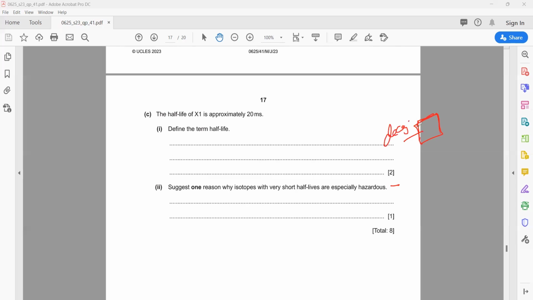When it decays very quickly, it will release a very high amount of alpha, beta, and gamma particles. In less time, you will find more particles, so it becomes dangerous.